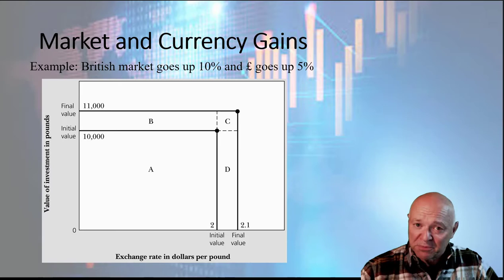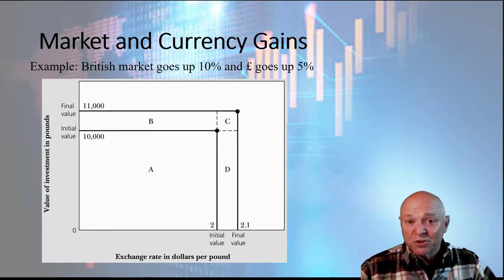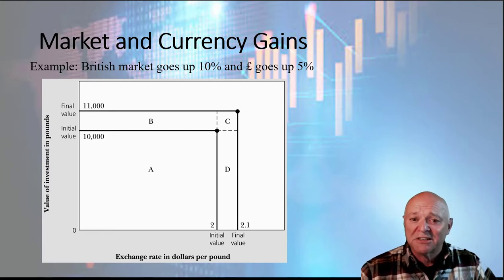Your original investment of £10,000 worth of stock at the original exchange rate on the bottom axis of 2 to 1 means that you had to put up 20,000 US dollars to get 10,000 pounds in your position. Of course, you've done well because the stock's gone up, but you've also done well because the British pound has gone up by 5%.